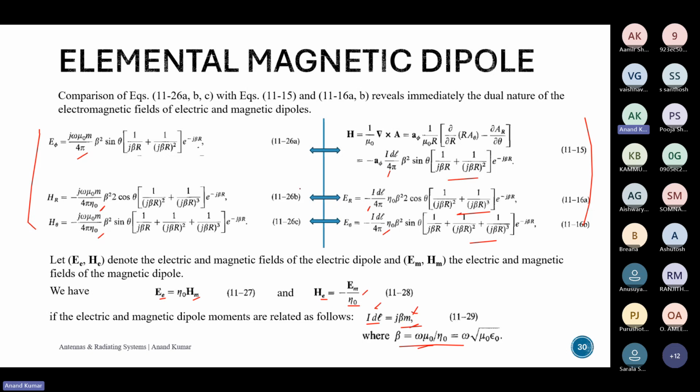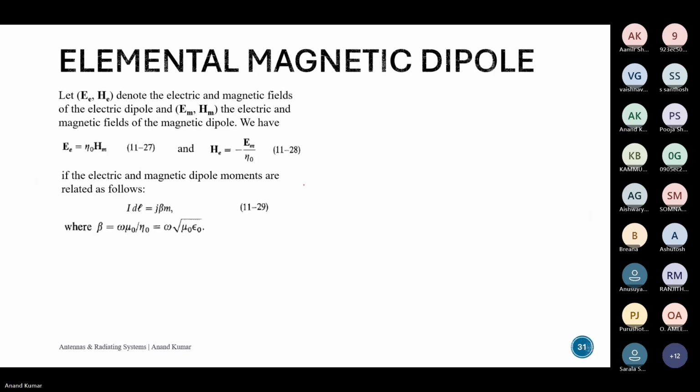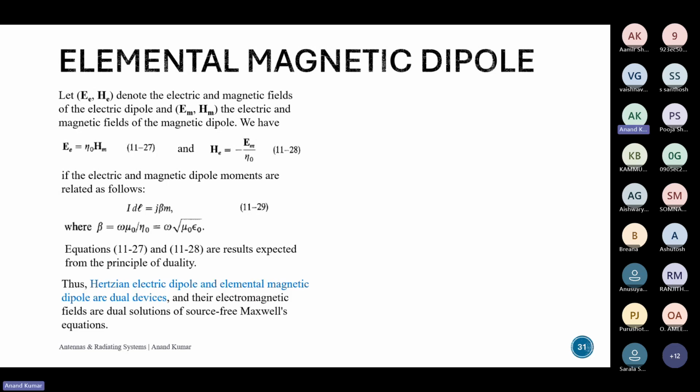You'll get the expressions. So these expressions 11.27 and 11.28 are the results expected from the principle of duality. If two expressions follow similar nature, then you can use one to guess the other.